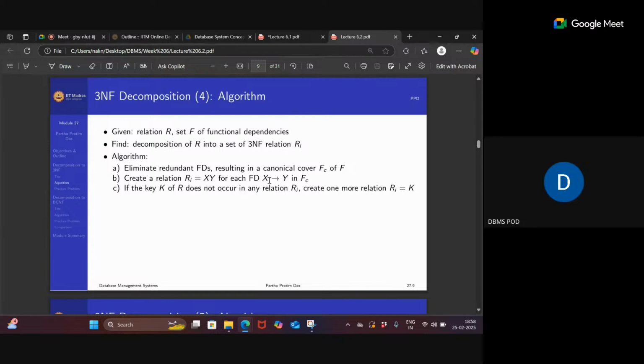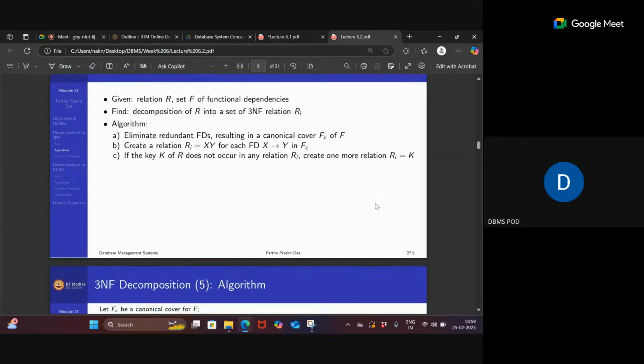After getting the canonical cover for our FD set, for each FD, let us say X determines Y, we can decompose that into one table XY. If the key K of R does not exist in any relation Ri, create one more relation Ri equal to K. We just create one more relation with that key.